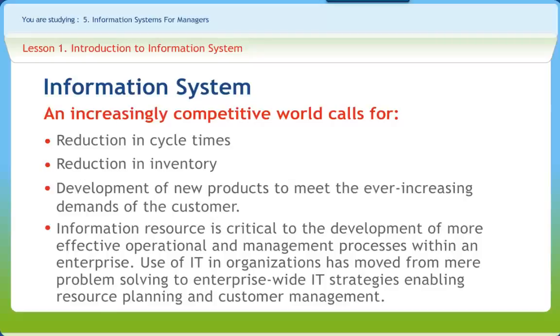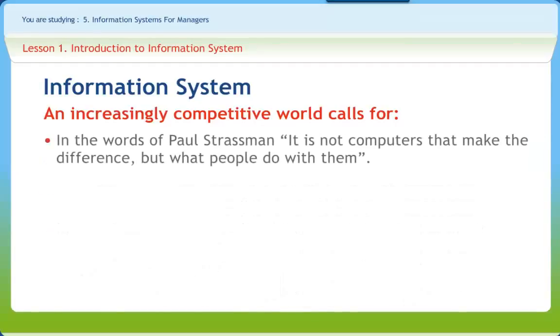A manager or an end user therefore needs to understand and appreciate 5 major areas of IT for business strategies, covering business information systems, IT application in business information systems, development methodologies, fundamental understanding of IT components such as hardware, software, network, database, and telecommunication, and management of IT resources and IT-enabled strategies. In the words of Paul Strassman, it's not computers that make a difference, but what people do with it.